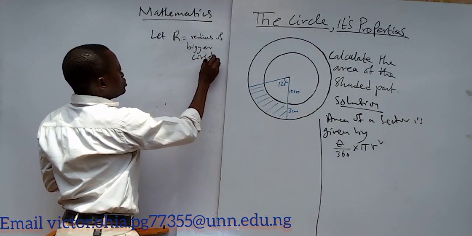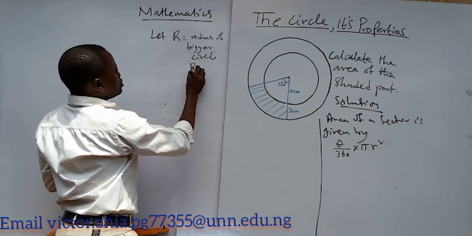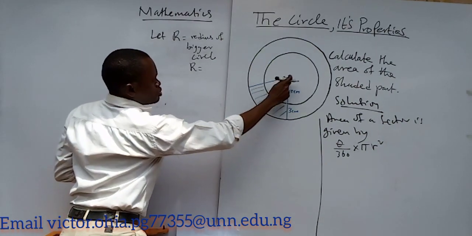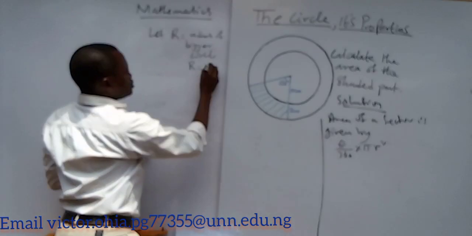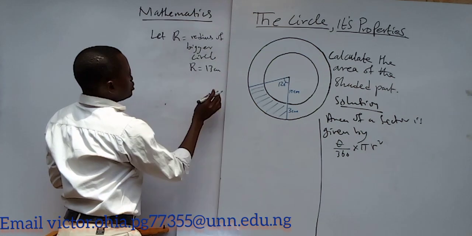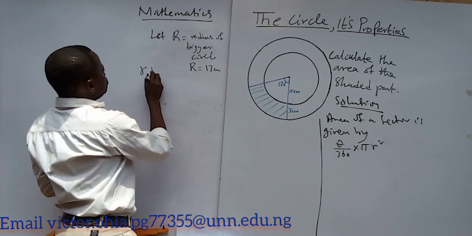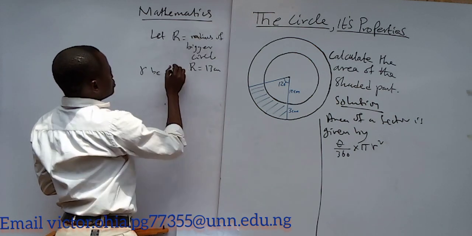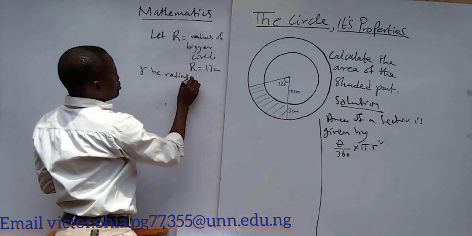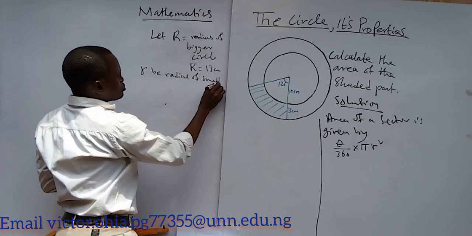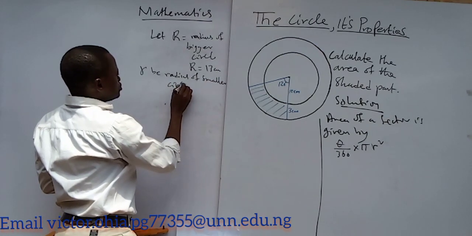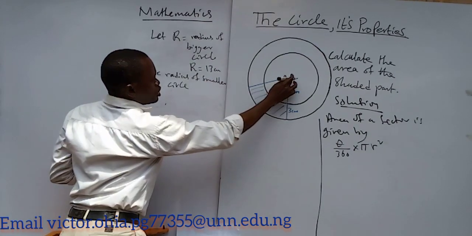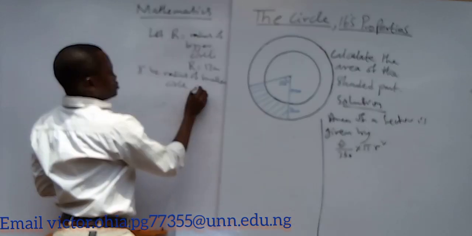So you can choose this so that your capital R, from here to here, will give you 13 cm. And then small r be the radius of the smaller circle, which will give you from here to here 10 cm.